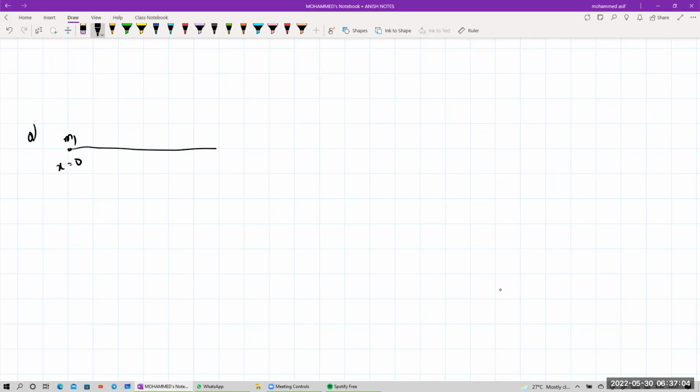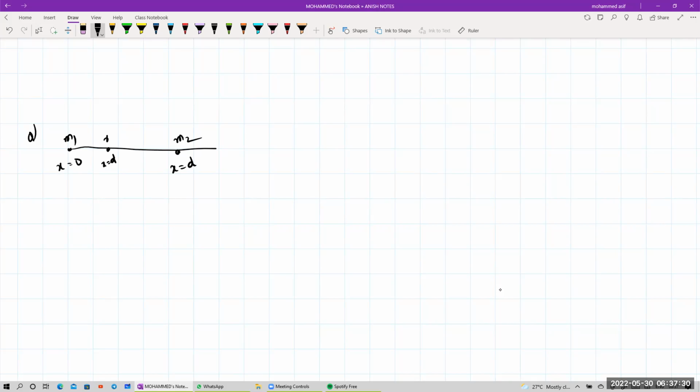Another of mass m2 at a distance of d, at x is equal to d. We are keeping another particle of mass m2. When a third particle is kept at x is equal to d by 4, somewhere in between the two, it experiences a net gravitational force due to the two particles. Then m2 by m1 is equal to how much?